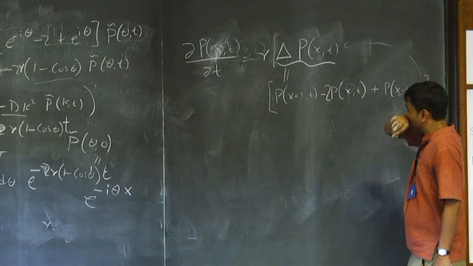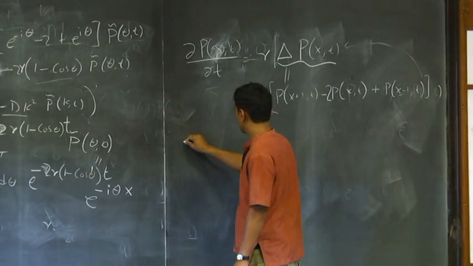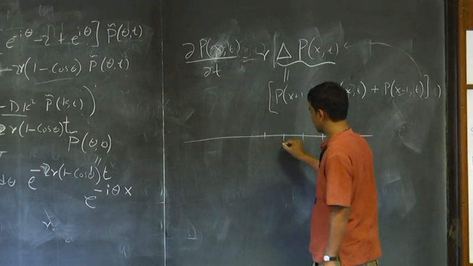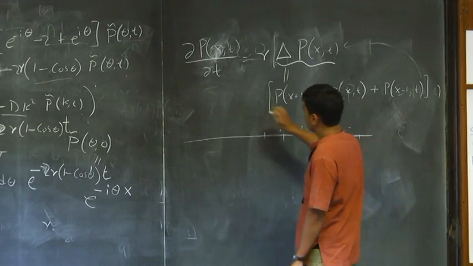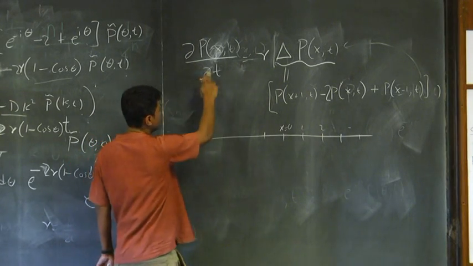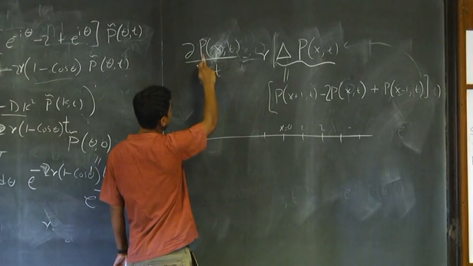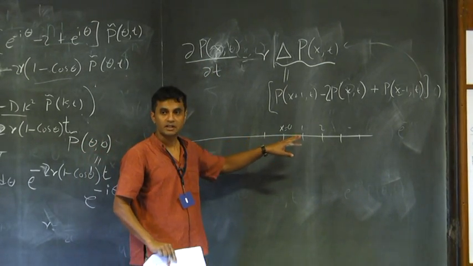So by definition this is equivalent to this. Now if you think of this equation, you have some lattice and your space is discrete, so x equal to 0, 1, 2, like that. You can think of this p as basically like a vector. This is called a master equation, and you should think of this as a probability vector. So at each point you have a probability.